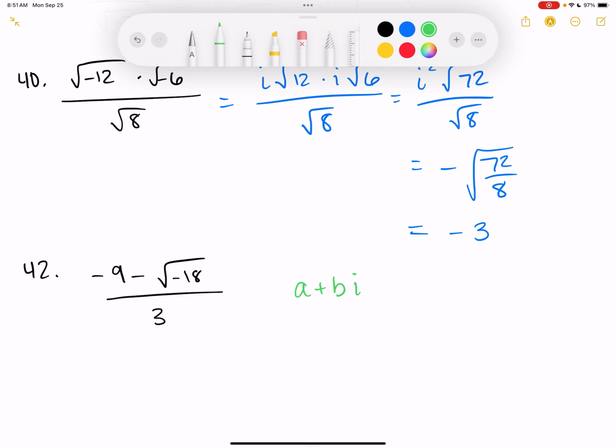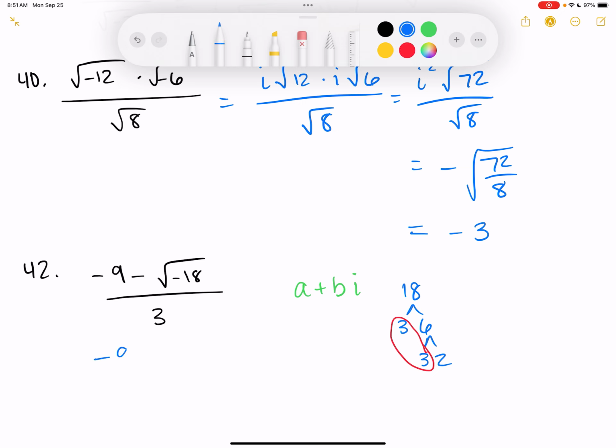So I'm going to try to reduce down that radical as much as possible. I've got a negative inside, so I know an i is coming out. And then 18 breaks into 3 and 6, and then 3 and 2. So I can take out a set of 3.